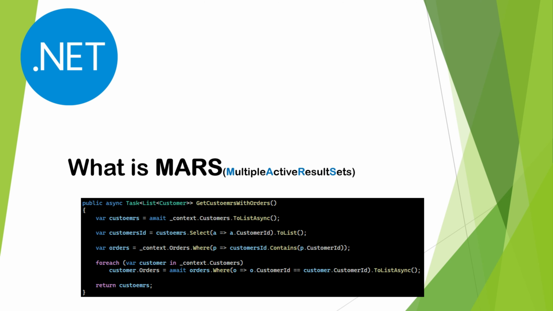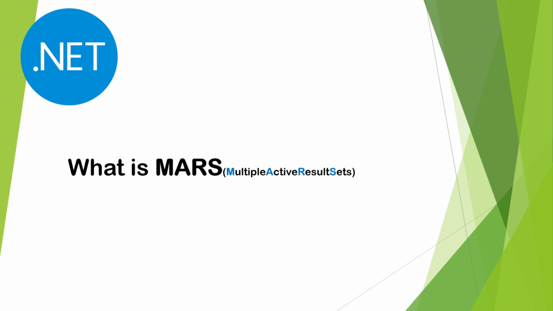Sometimes, if queries are poorly designed, enabling MARS can help retrieve data from SQL Server, but it's not always the best approach. Instead of relying on MARS to handle concurrent queries, you may want to redesign your queries to reduce unnecessary load and pressure on the database. So let's dive into our project and explore how to address this issue effectively.